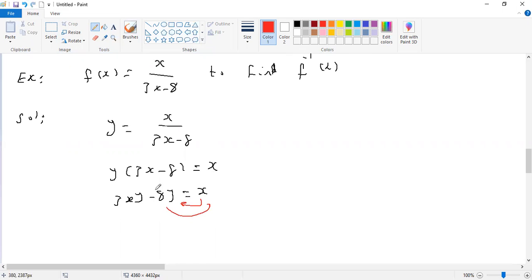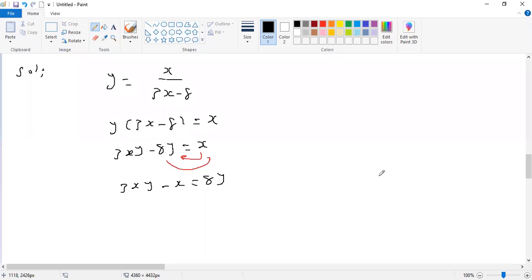So we have 3xy minus x equal to 8y. Then take x out as a common factor. So I have x times 3y minus 1 equal to 8y. So what is the x now? The x is 8y over 3y minus 1.